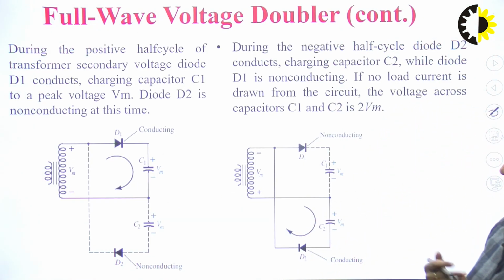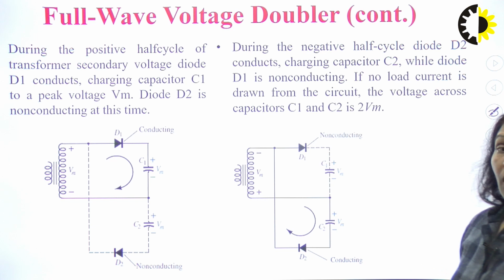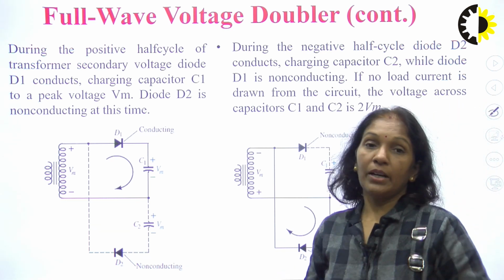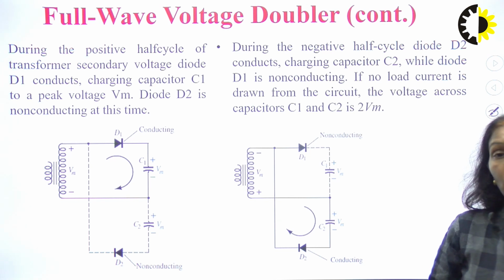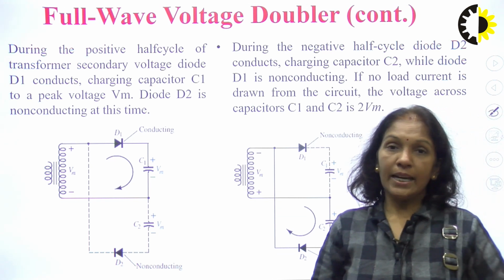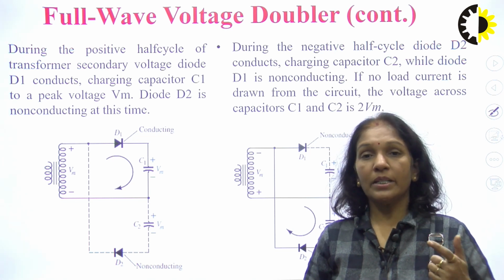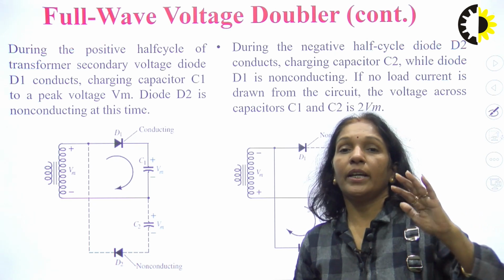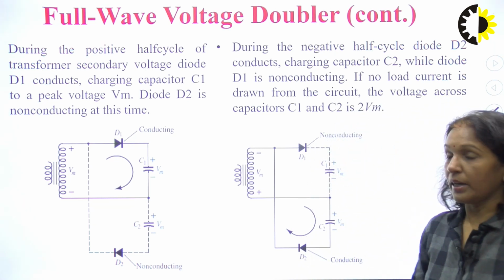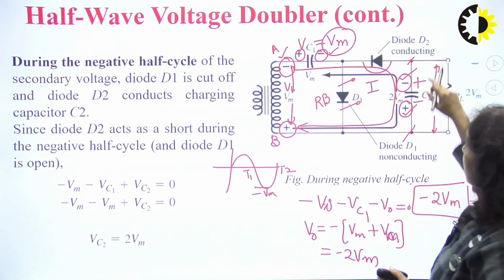If you compare the full wave rectifier and the half wave rectifier, what is the difference between them, and which one is more beneficial? So, you can say that in case of the half wave voltage doubler, the output voltage is measured across a single capacitor.